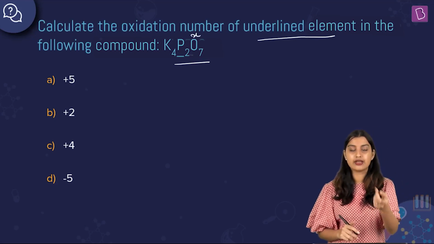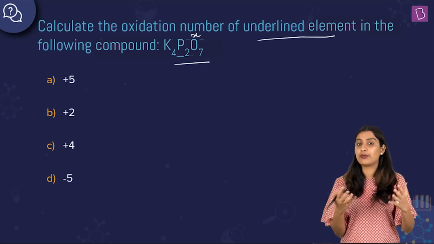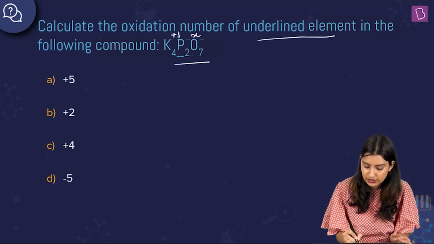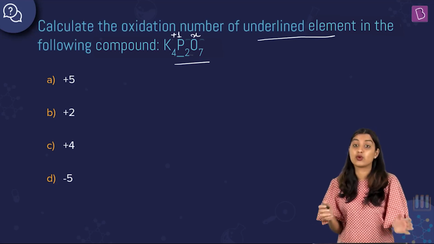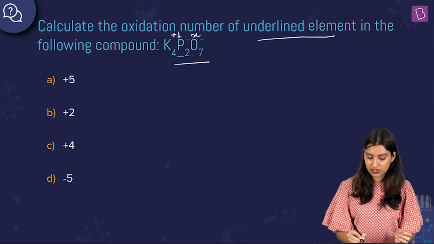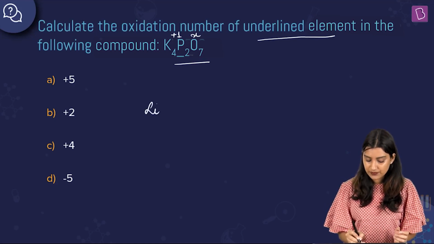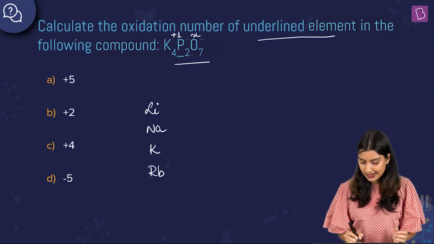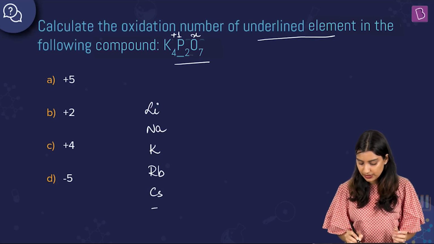You know that potassium in any compound is going to show an oxidation state of +1, because this is the general tendency of your first group elements. What are your first group elements? If you look back at the periodic table, they will be lithium, sodium, potassium, rubidium, cesium and then francium.